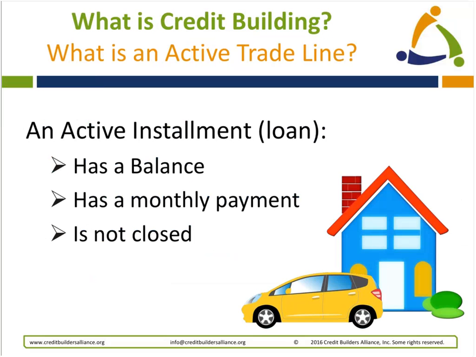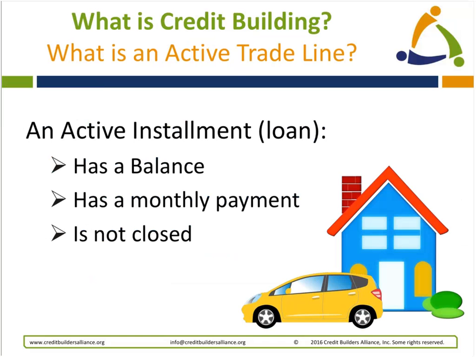And just to clarify what we mean when we're talking about active trade lines, lenders report both installment loans like car loans, student loans, mortgages, and revolving credit such as credit cards or lines of credit to the credit bureaus. For active installment loans, in order to be active, they must carry a balance and require a monthly payment.